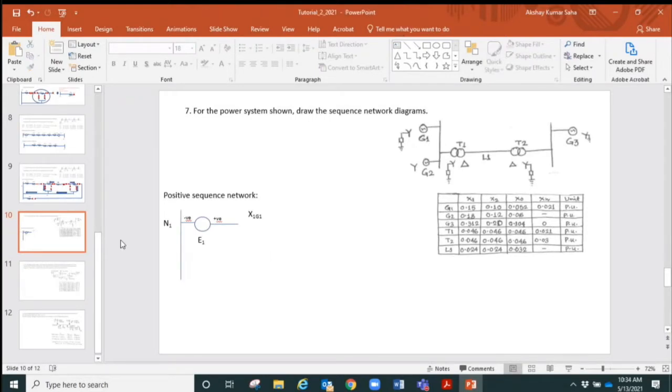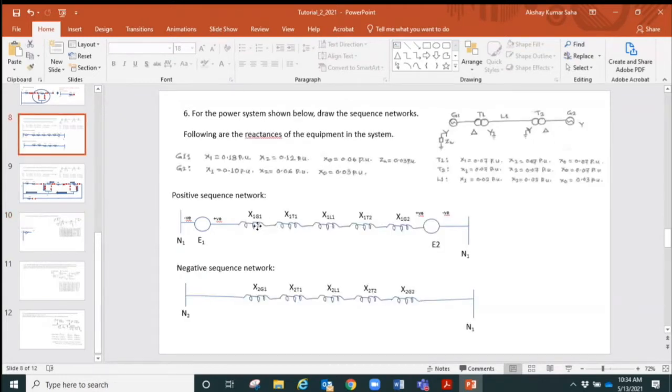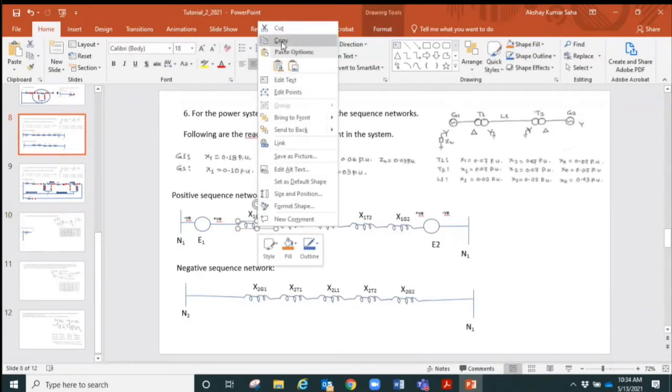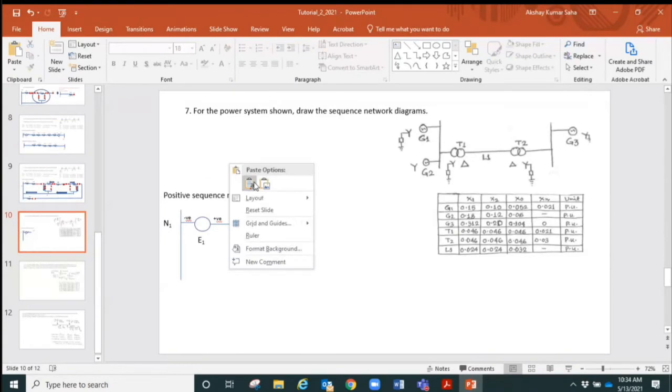What I need to do is copy a reactance from here, and paste. So what we show here, the first generator is coming with a voltage source shown as E1 with the polarities. Negative is going to go to the neutral bus and positive is towards the load side.